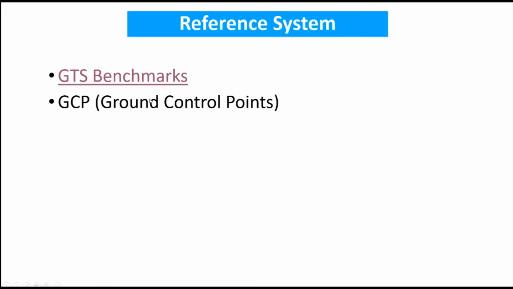Now in place of GTS benchmarks we have GCPs, ground control points. Again, these have standard values based on the survey. Control point means northing, easting and altitude; all three values are available at these points. For getting the control point references, DGPS is used.